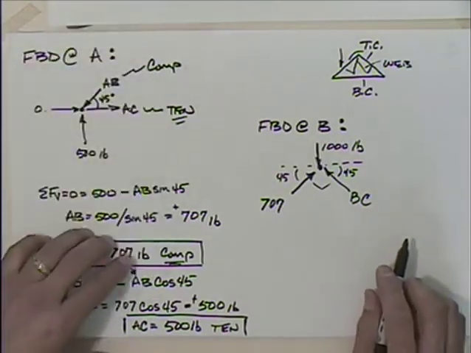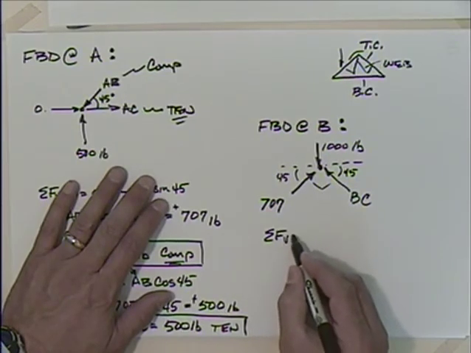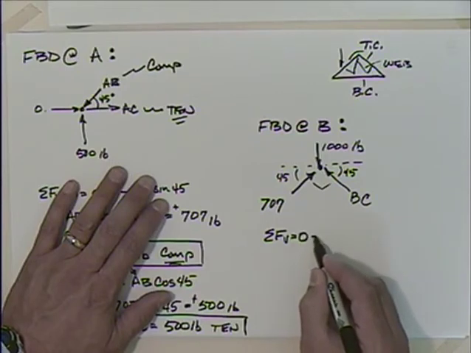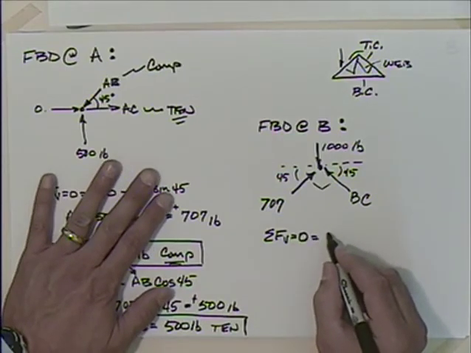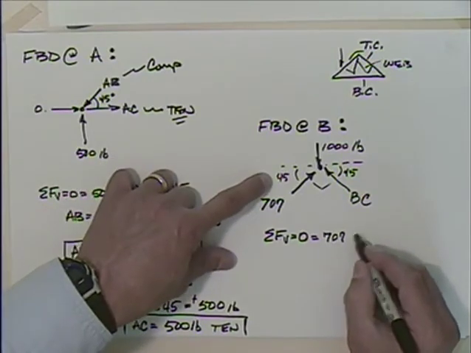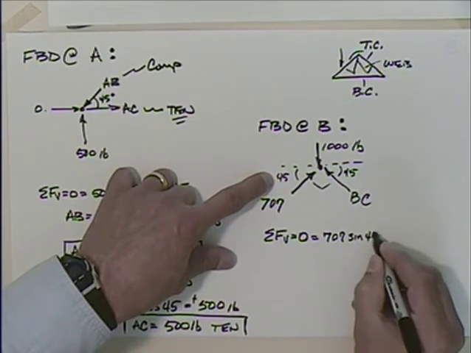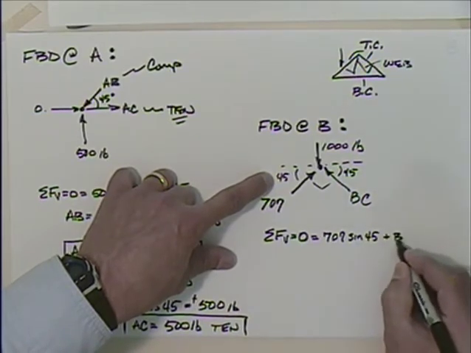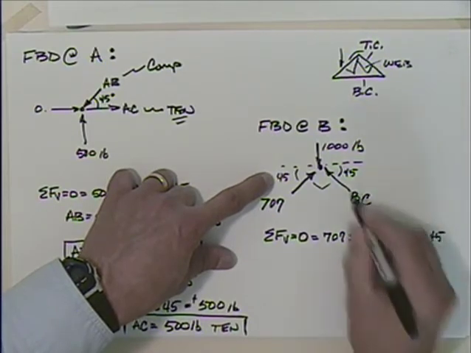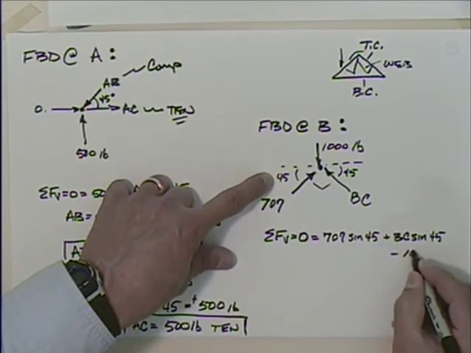Some geometry here. Let's see, this would be 45, this would be 45, so that would be a right angle, wouldn't it? So I could say if I sum the forces in the vertical direction, setting that equal to 0, that I have 707 times the sine of 45, or root 2 over 2, plus BC times the sine of 45, that's a vertical piece there, minus 1,000.